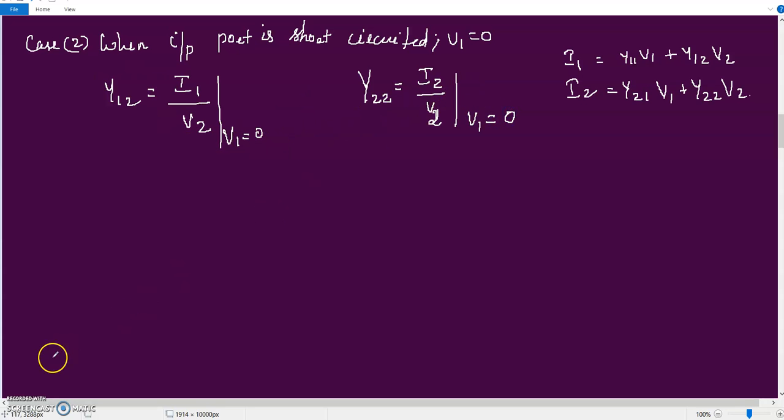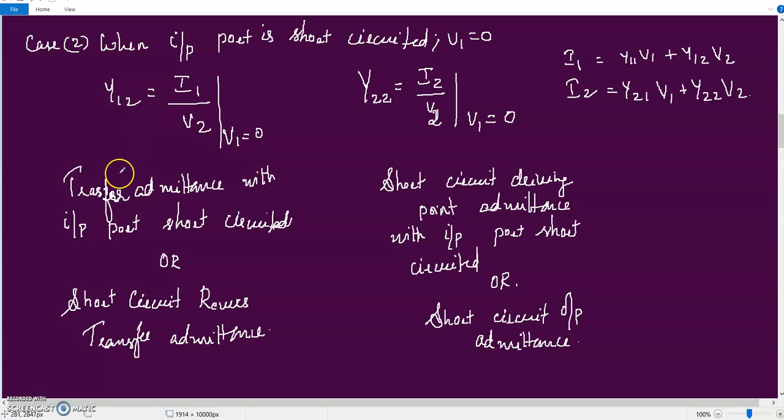Now we can name each of these. Y12 is transfer admittance with input port short circuited, or it is called short circuit reverse transfer admittance. And Y22 is called short circuit driving point admittance with input port short circuited, or short circuit output admittance.